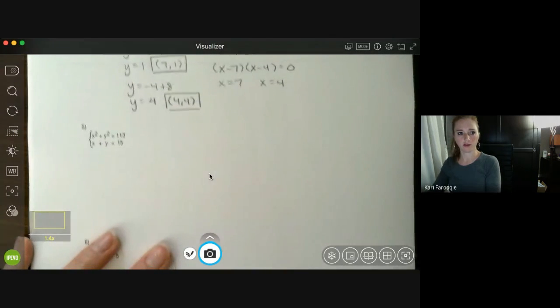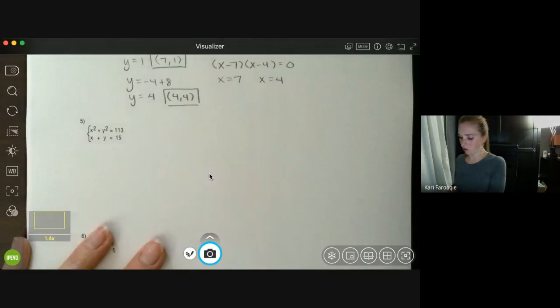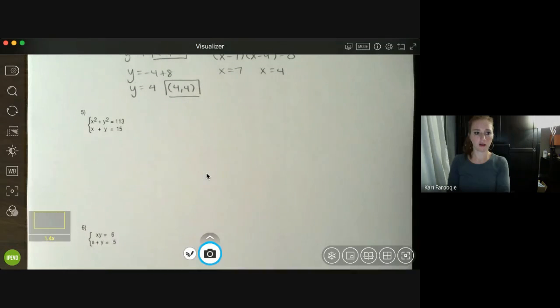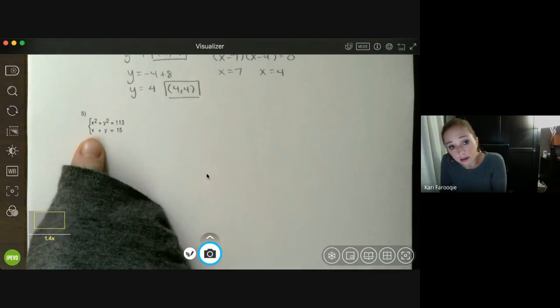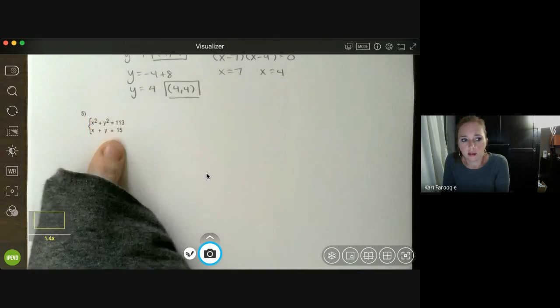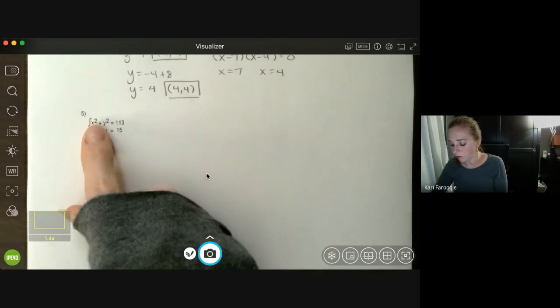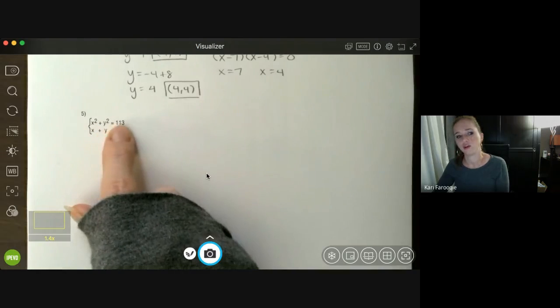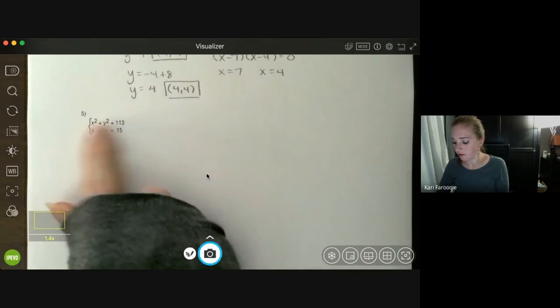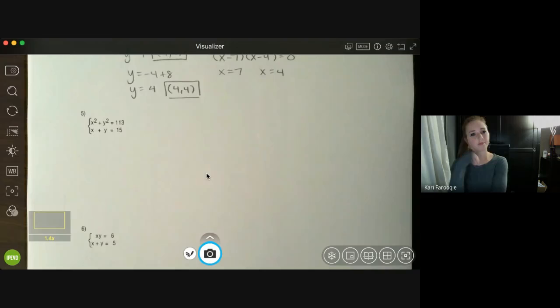This one is x squared plus y squared equals 113, and x plus y equals 15. Now, the second equation is clearly linear, but the first equation is not linear. Does anybody know what type of equation or what type of graph this first equation represents?